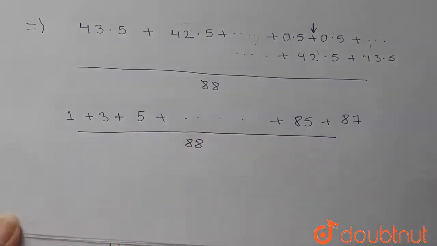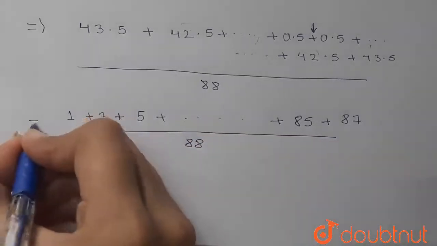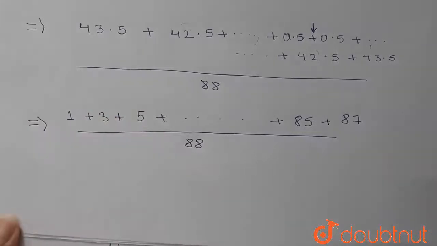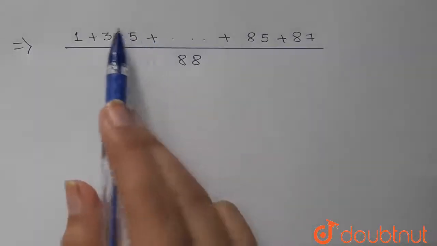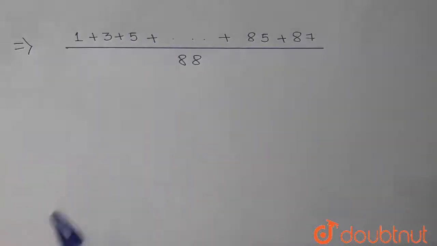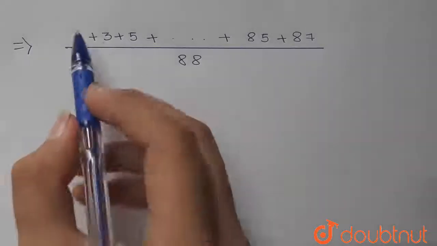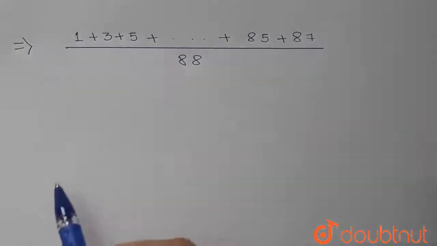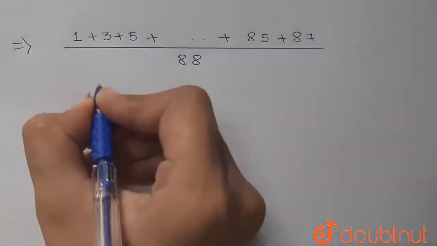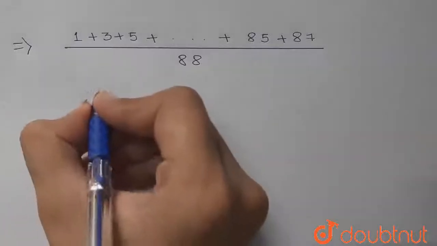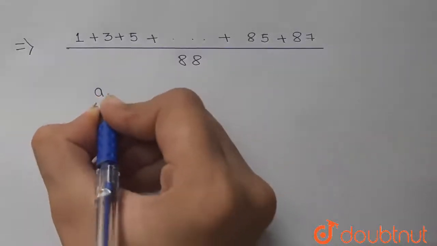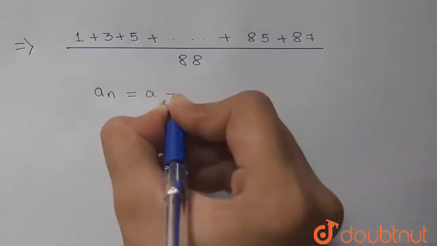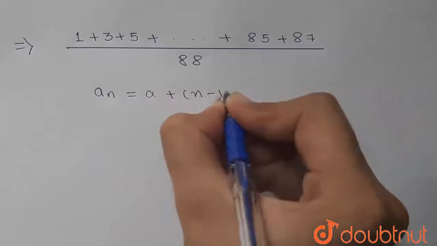So what we can see is that in the numerator an AP is being formed, and its common difference is 2. In order to find the number of terms, we write the nth term formula, a_n is equal to a plus n minus 1 into d.